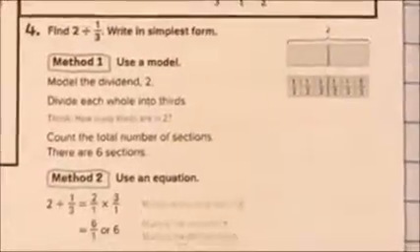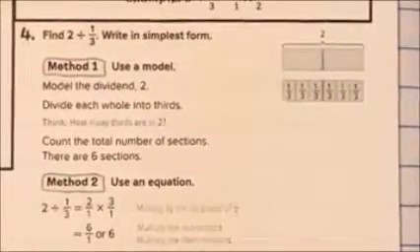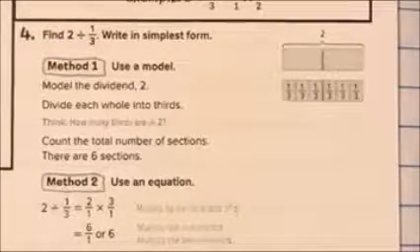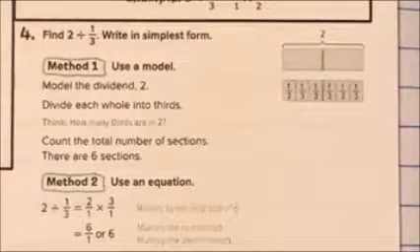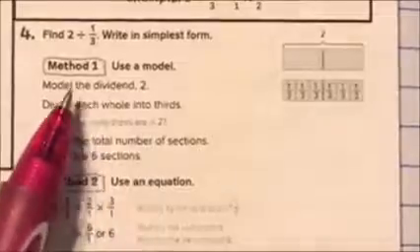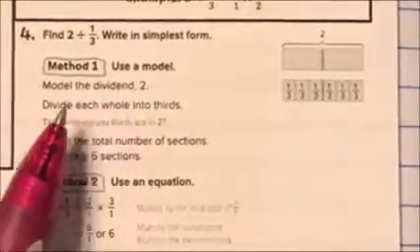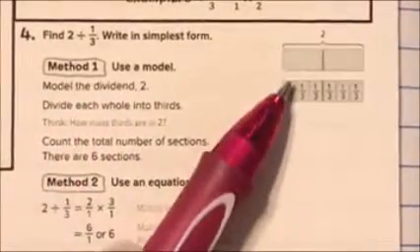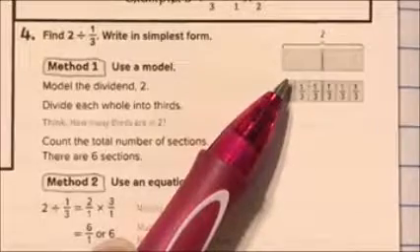Number 4 says find 2 divided by 1/3, write in simplest form. Okay, so I can use two methods. The first method is using a model. So I start with a model and I divide it by 2.